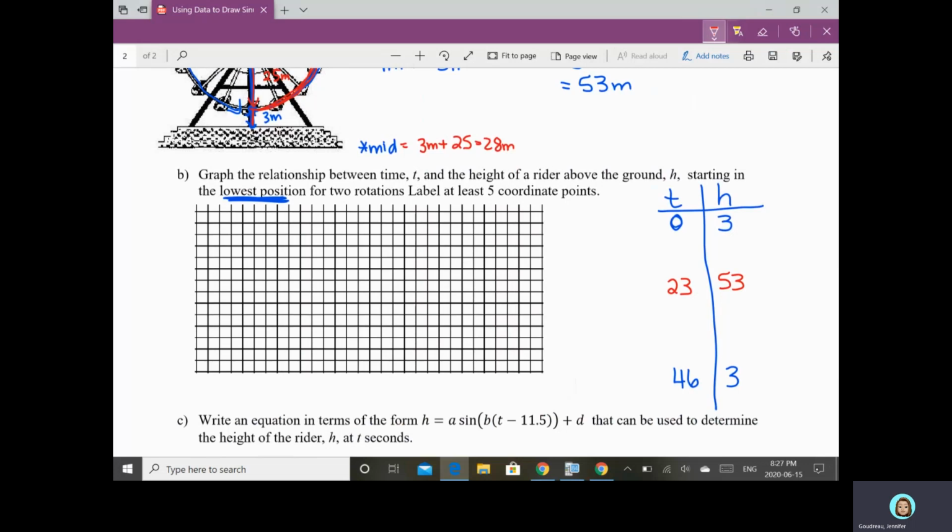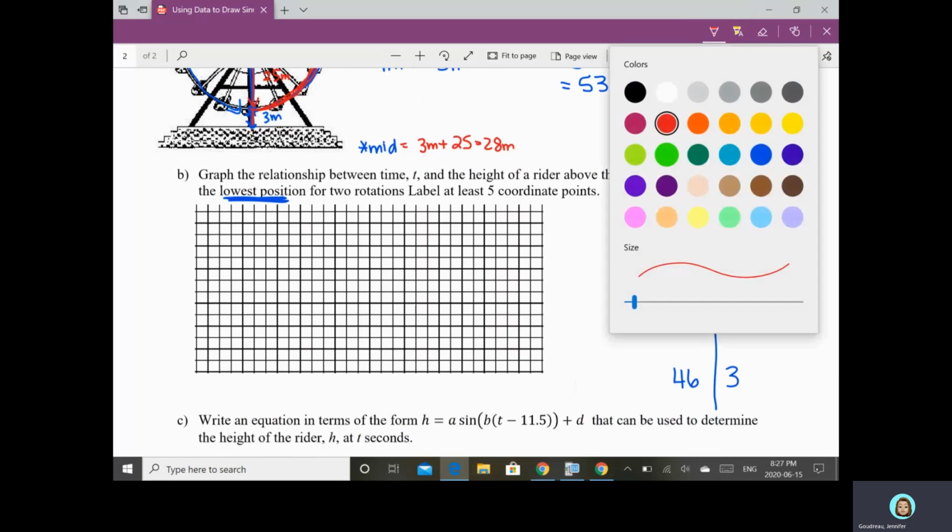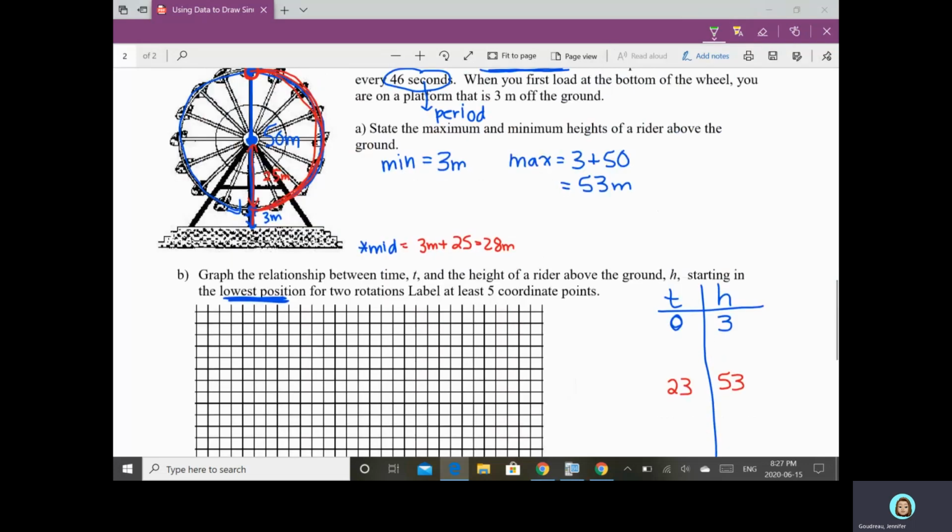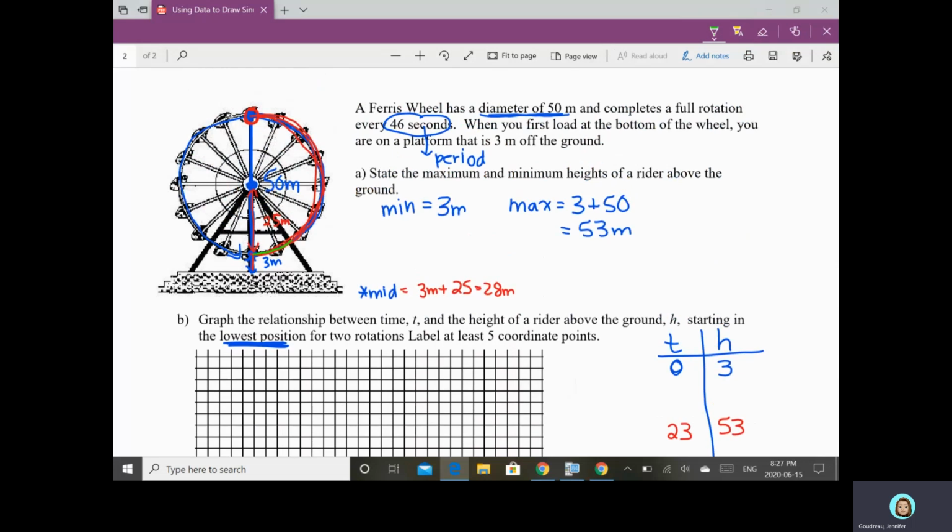Let's talk about how long it takes us to get to even with the center. So how long does it take us to go from the lowest point to this part right here, which is even with the center? Well, that's a quarter of the way around the circle. So if it takes us 46 seconds to go all the way around the circle, how long does it take us to go a quarter of the way?